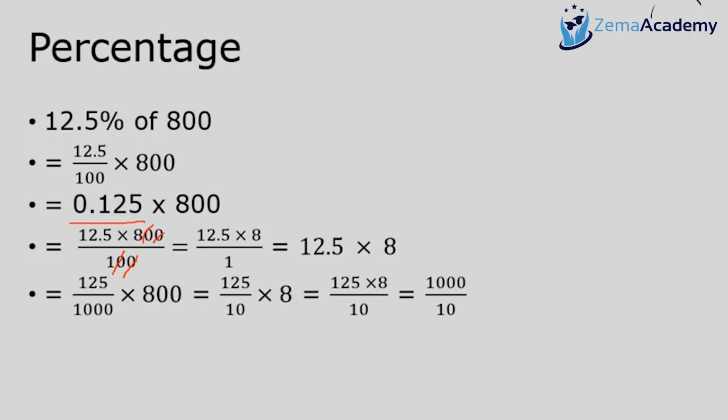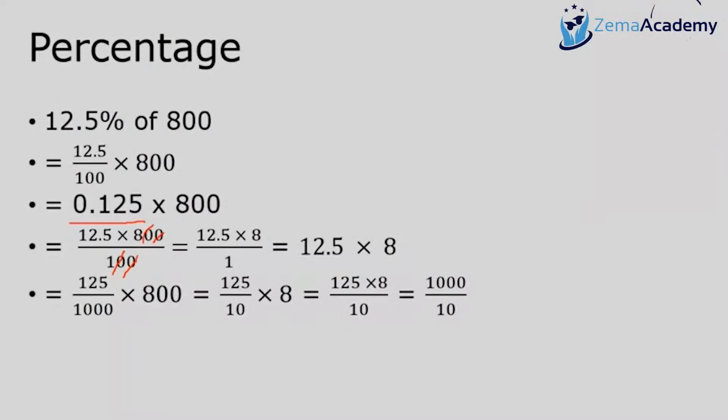But I could also do it another way. The 12.5, the decimal, might confuse me a bit, so I could, if I wanted, convert it into a fraction that made more sense. I could instead have 125 over 1,000, converted from that 12.5 over 100. It would still then need to be multiplied by 800.